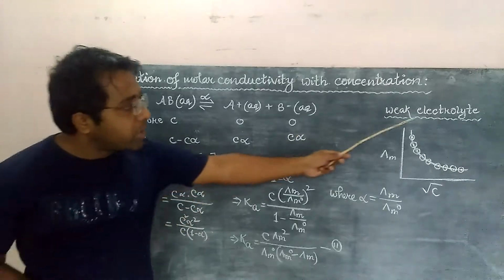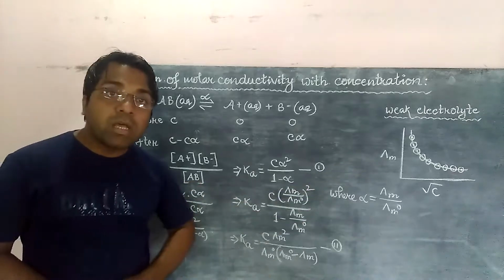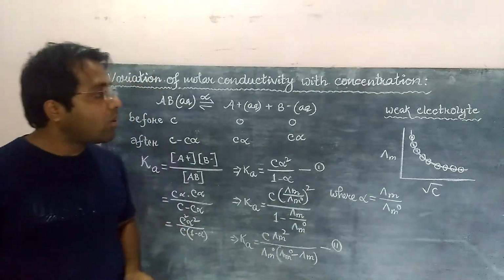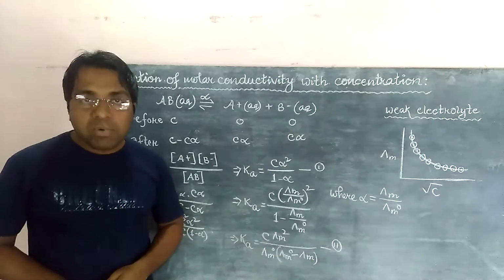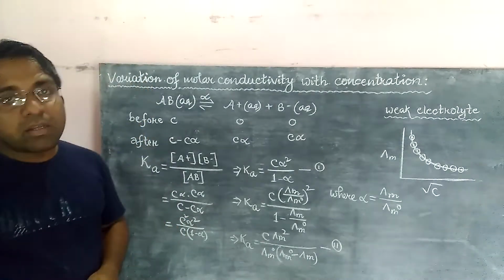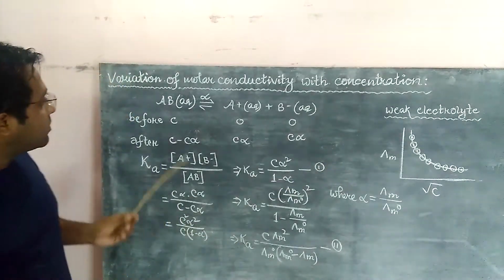But in case of weak electrolyte, it is very difficult to obtain the value of lambda m naught using the graph, because weak electrolyte do not undergo dissociation completely. And that is why the other way to calculate the value of lambda m naught is this one.